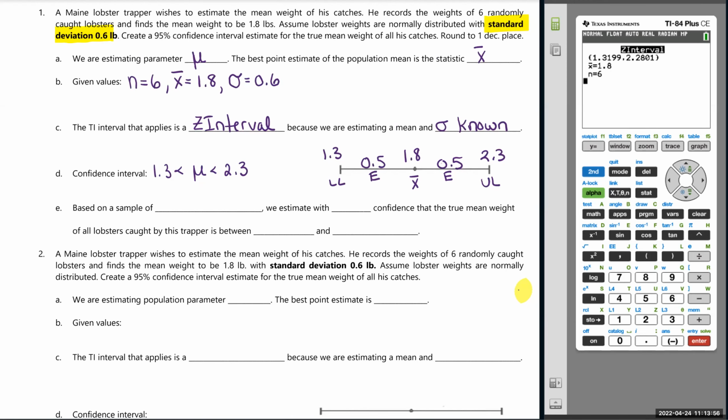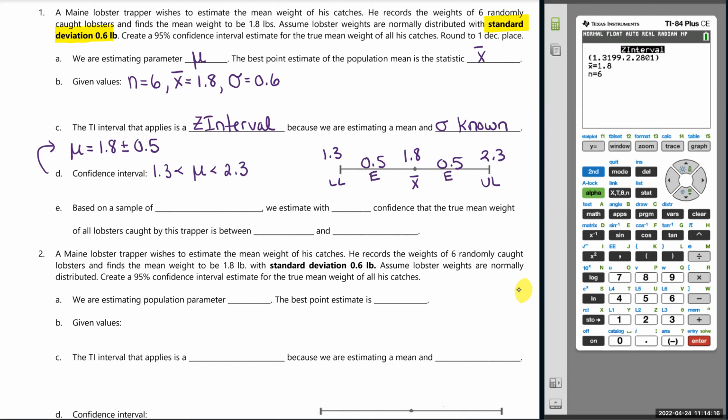I'm going to write that confidence interval in this form just to review. We could have said we believe that the mean weight of his catches is 1.8 pounds plus or minus 0.5 pounds.